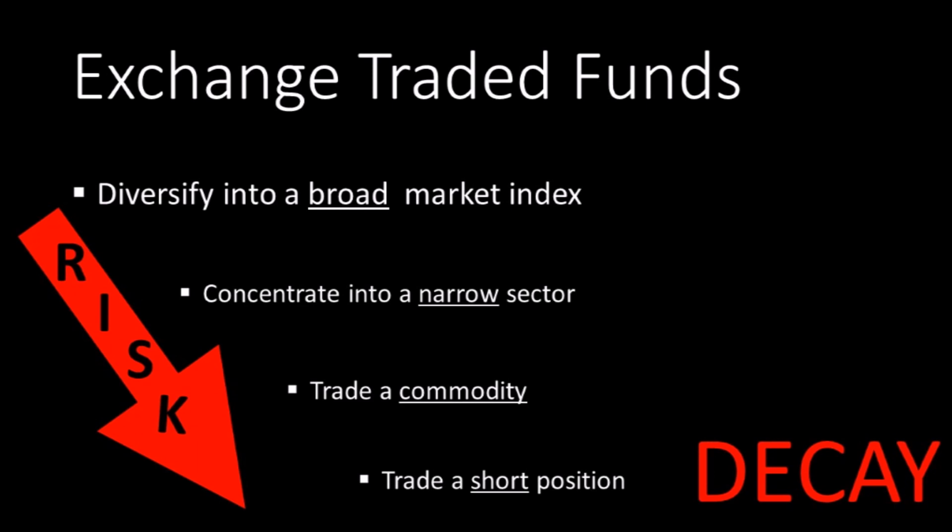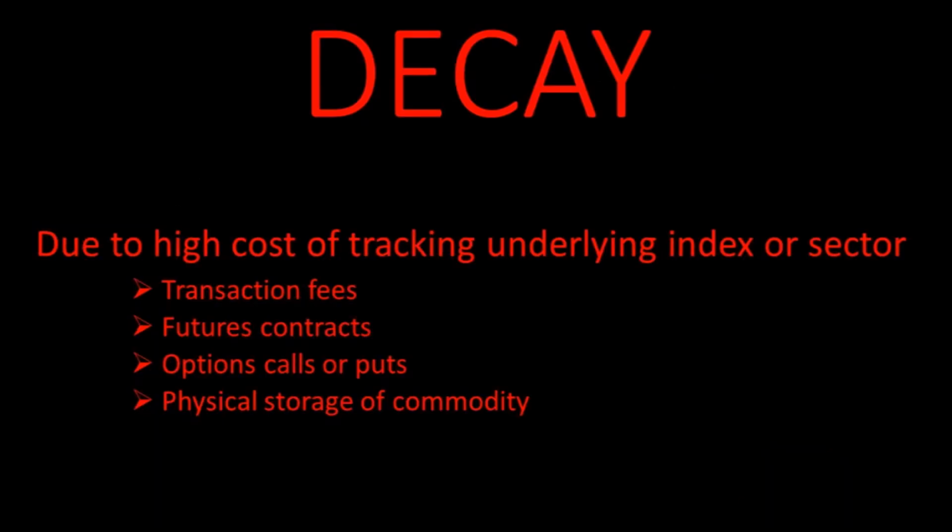And so along with that risk and all those increased transaction costs is decay. The fund managers that are managing that ETF, they have to pay for those positions. Those are transaction fees that you don't see, but those operating costs and transaction costs are paid for by a reduction in the price of the principal of that exchange-traded fund.